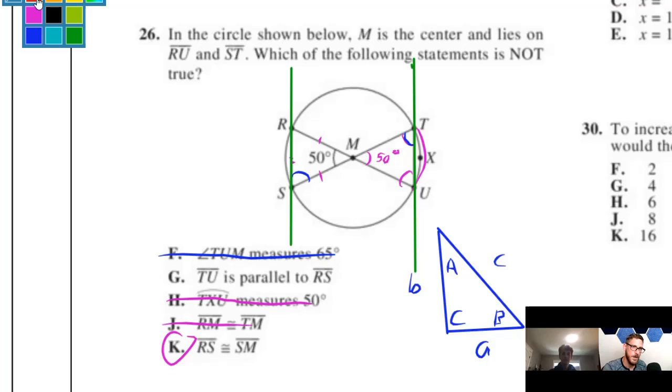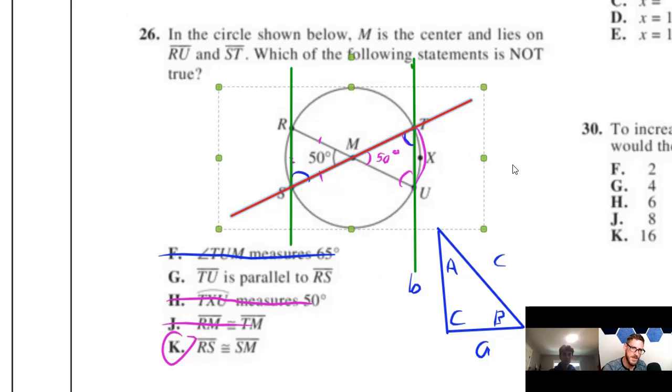So if we draw, let's use this color. If we call ST a transversal across these other two lines, then you can see that the blue angles that I highlighted earlier, those are what we would call alternate interior angles, right? They're interior because they're between the green lines, and they're alternate because one's above the red and one's below the red.